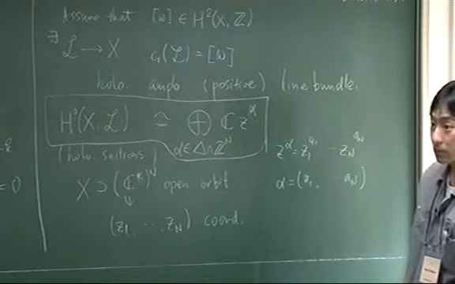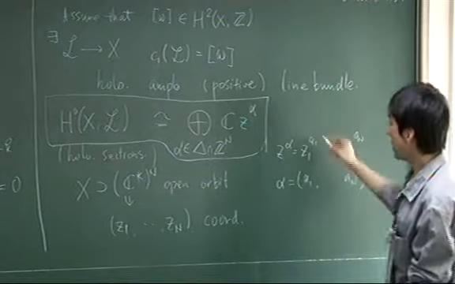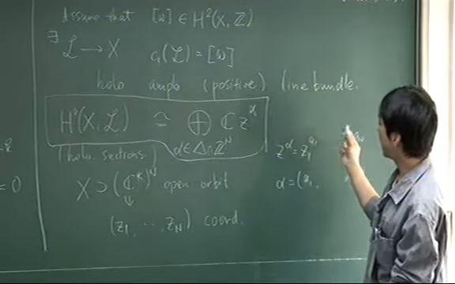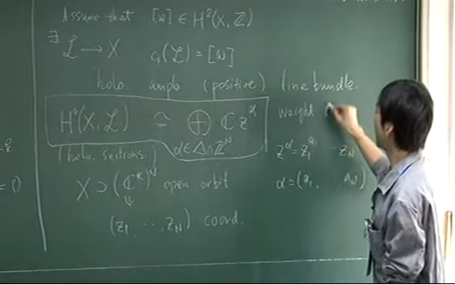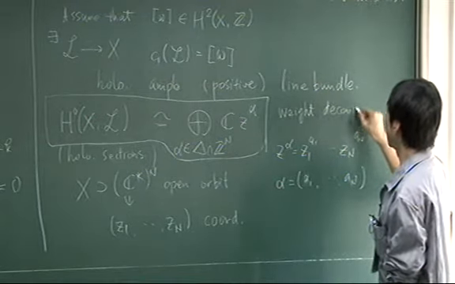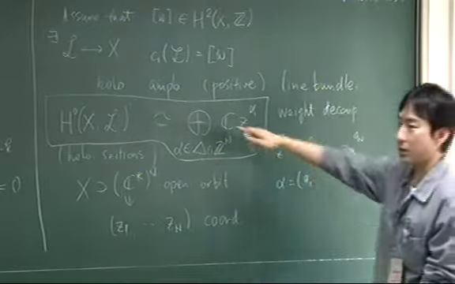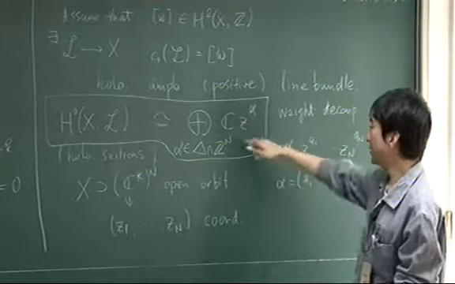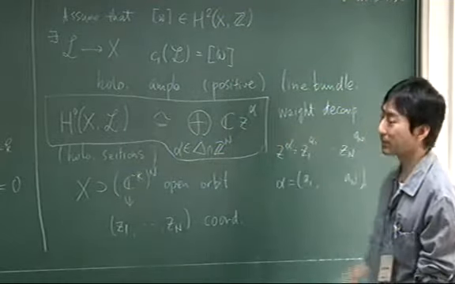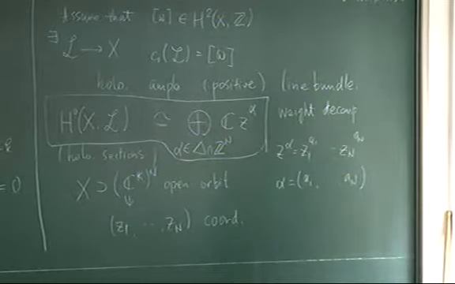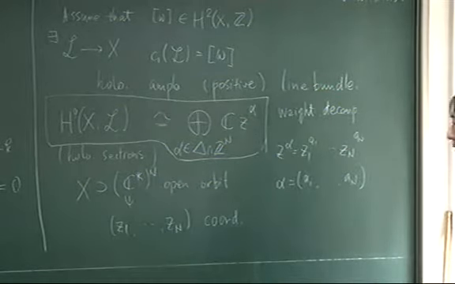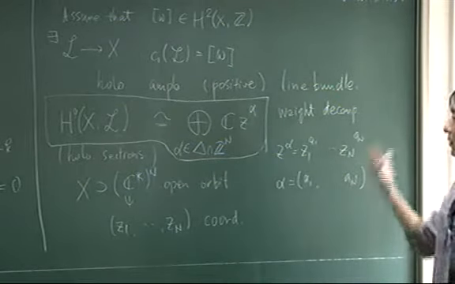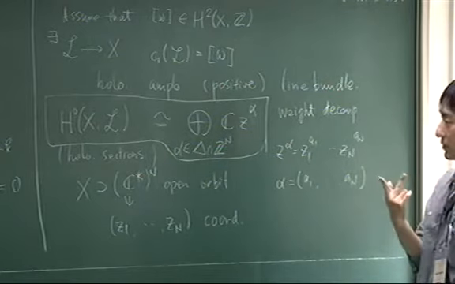Is that isomorphism canonical? Yeah, this is just the weight decomposition of the torus action on this space. This is just a weight vector. I see. So in the toric case, we have two relations.